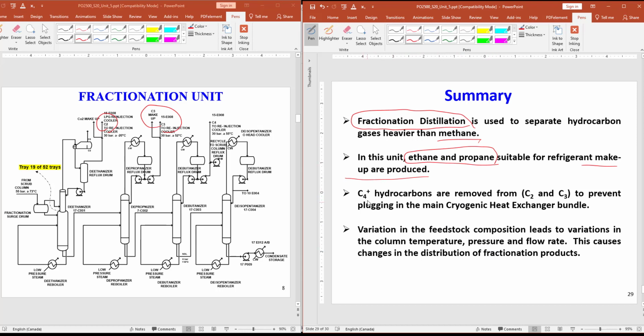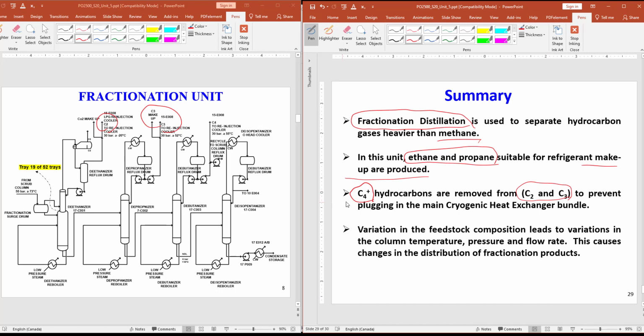So we remove heavier hydrocarbons, heavier than propane, like butane, C4 plus. We remove them because we cannot send them to the cryogenic heat exchanger. Let's say you are using C2 and C3 as a refrigerant in the refrigeration cycle in the liquefaction unit.